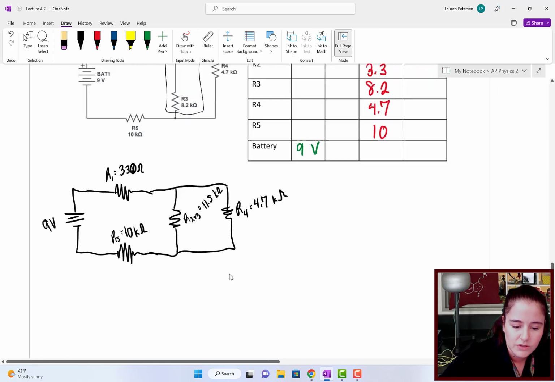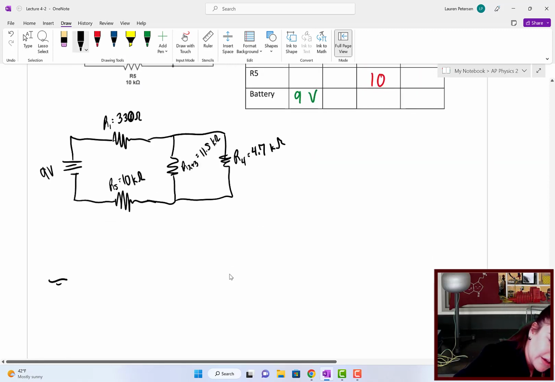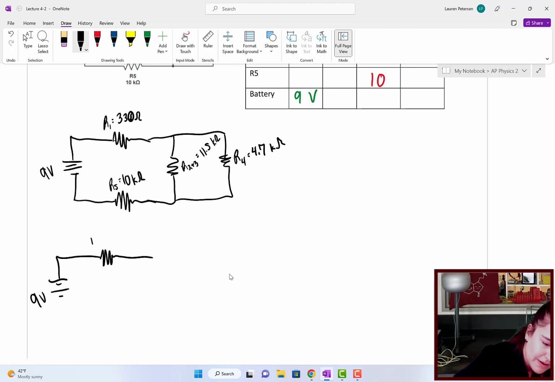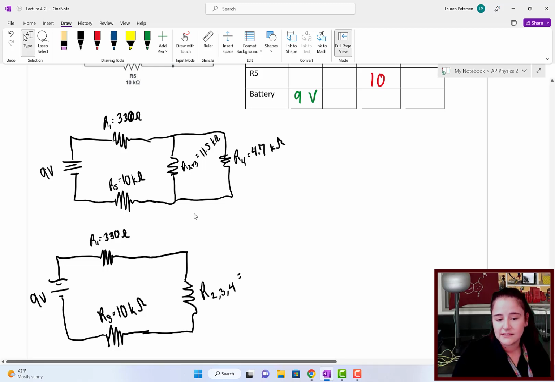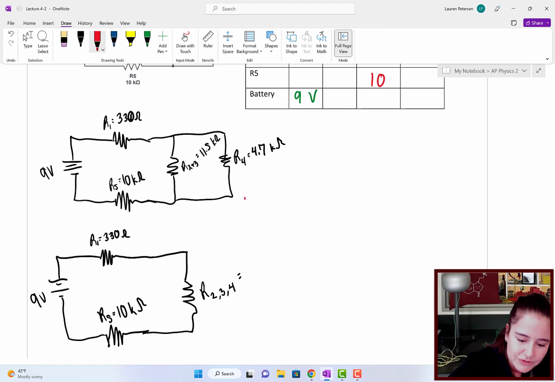Okay, so we got the 9 volts there. We have R1, which is 330 ohms. And we still have R5, which is 10 kilo ohms. And now this is going to be our R2, 3, and 4. But since these are in parallel, I can't just add them directly. I'm going to have to do 1 over the equivalent resistance.